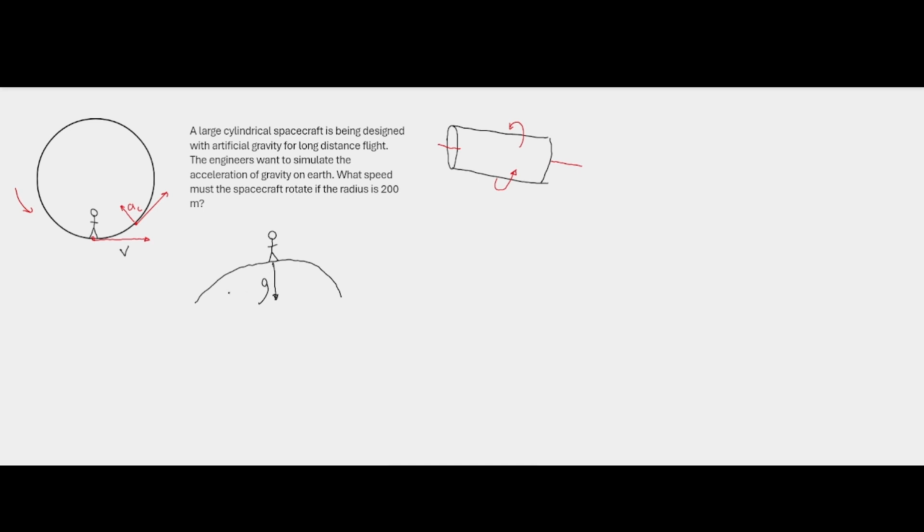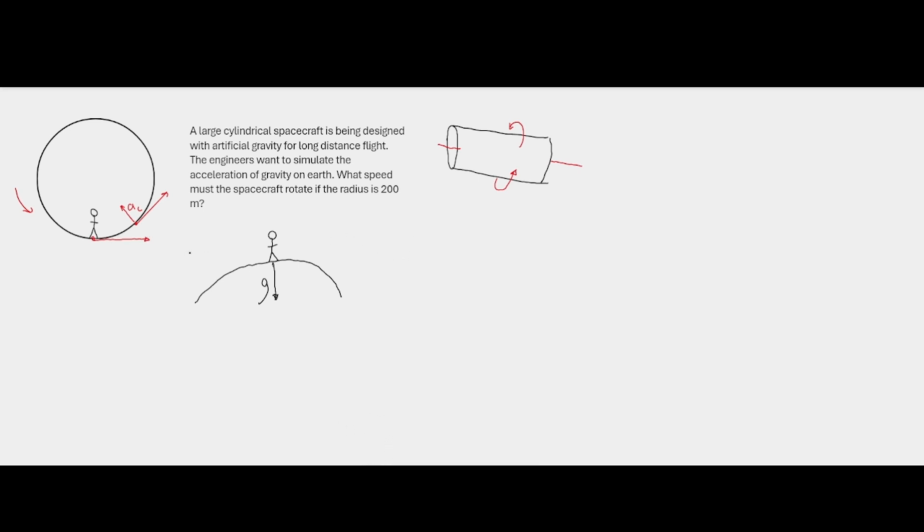So that's the general idea here. Your body, if this cylindrical shell immediately disappeared while you had this velocity, you would want to go off in this straight line, in this direction. So that's how you could simulate gravity on a spaceship.